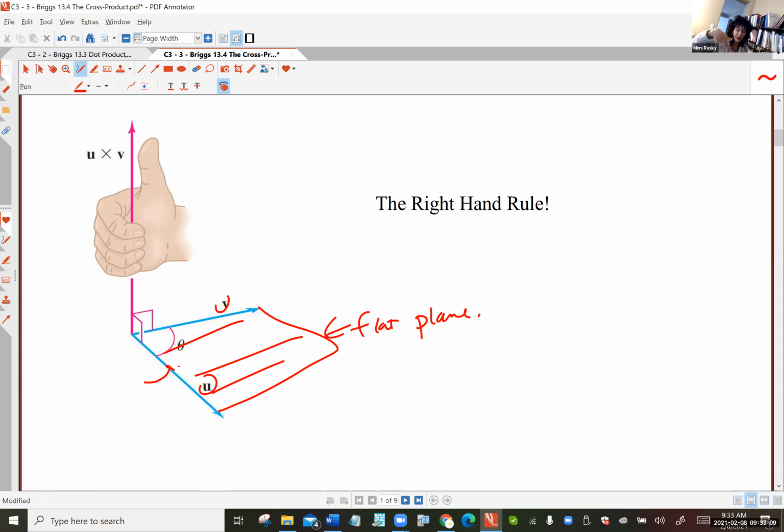Stop looking at your notes. Look up here at my camera. You start curling your fingers through u, and then they curl through v.